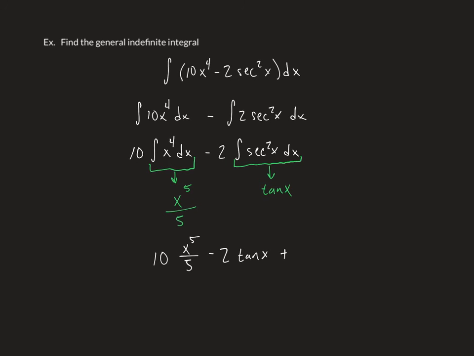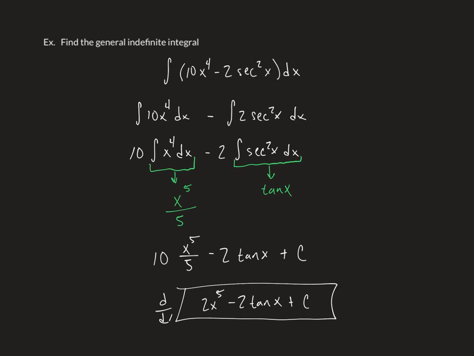Don't forget that there could be some constant on the end of this whole thing as well. All right, so I can simplify what I've got there in my first term and rewrite this as 2x to the 5th minus 2 tangent of x plus c. Now I could prove that this works by then taking the derivative with respect to x of this function, and I should get that original expression. If I don't, then I've done something wrong.